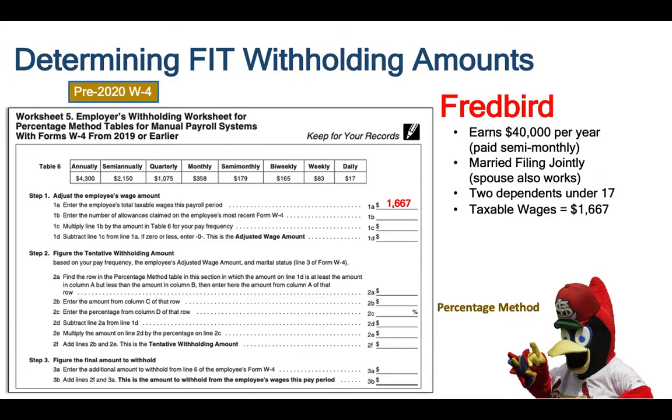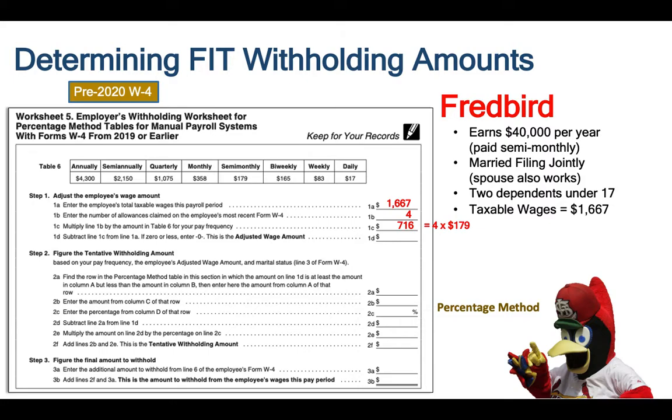Enter the number of allowances claimed on the employee's most recent W-4. We saw that Fredberg put down 4. 1C, multiply line 1B by the amount in table 6 for your pay frequency. So he is paid semi-monthly, okay, and so 179 times 4 is 716.